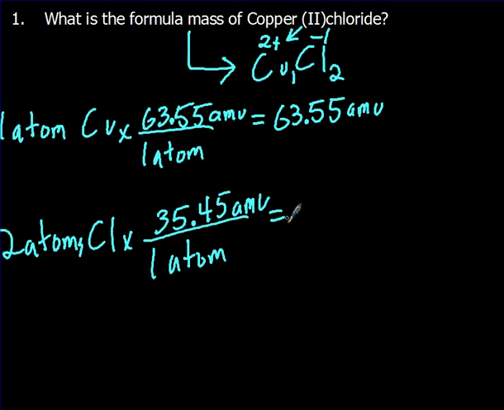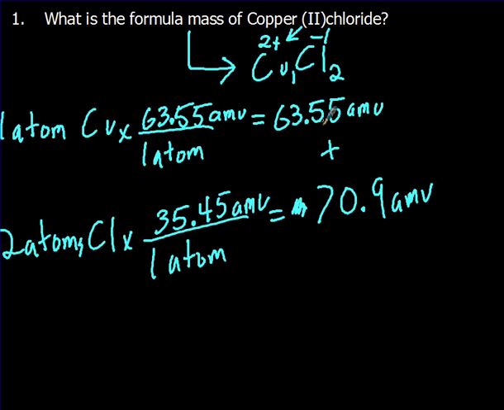Since that's times 2, you get about 70. All right. To be exact, let me plug this in to a calculator. That's actually 70.9. And that's AMU.